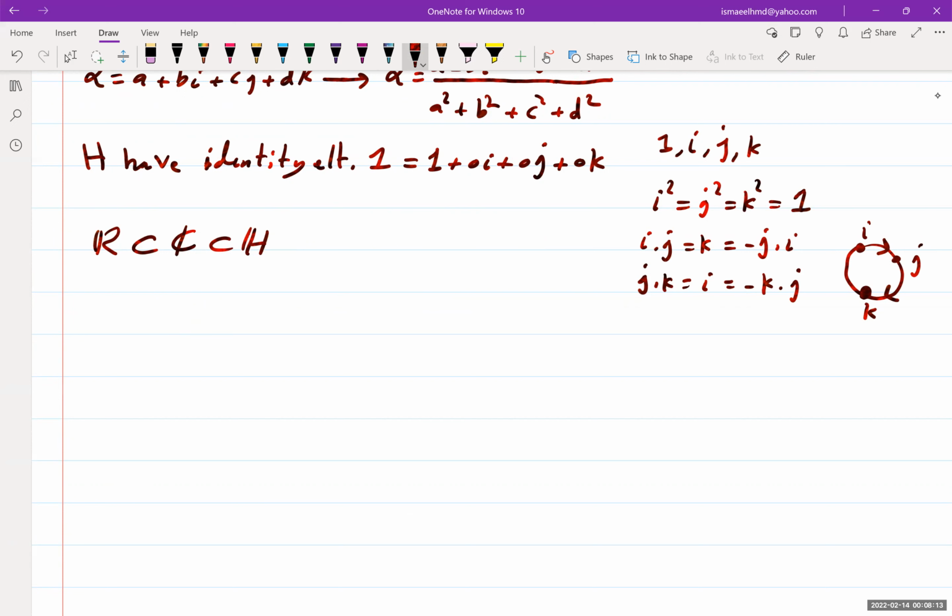So i dot j is k, and j dot k is i, and k dot i is j, which is equal to minus i dot k. By these relations, the quaternion ring is defined.